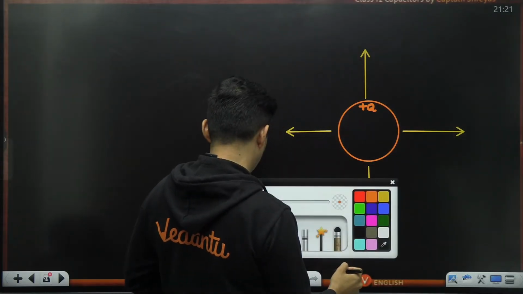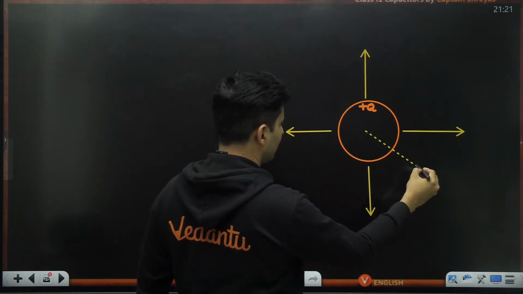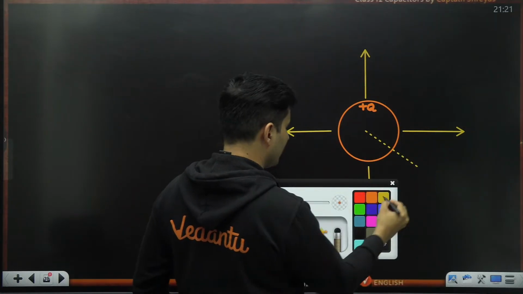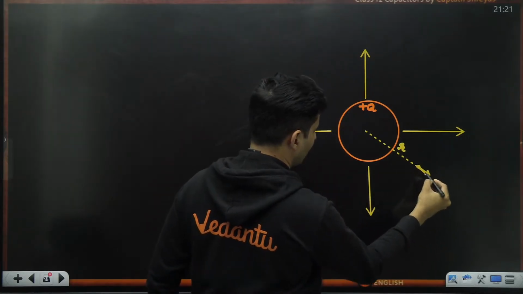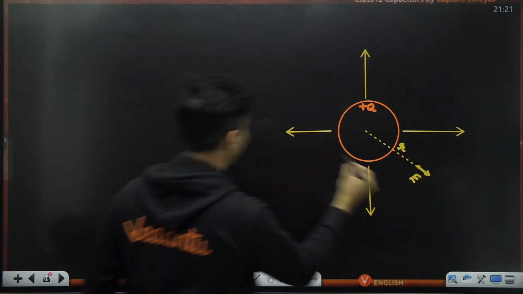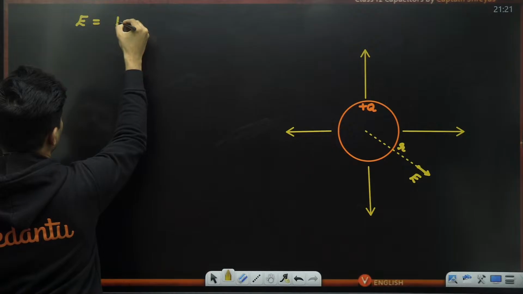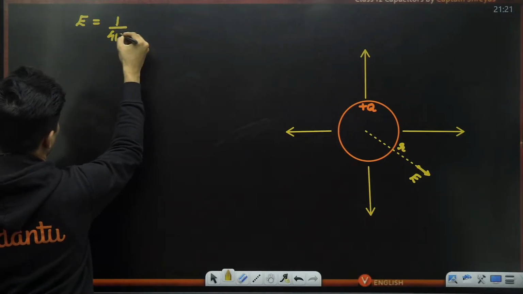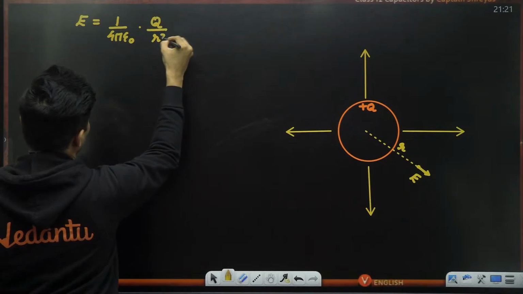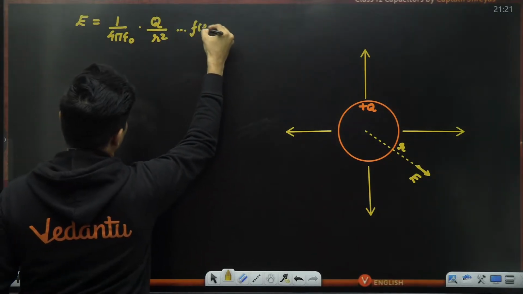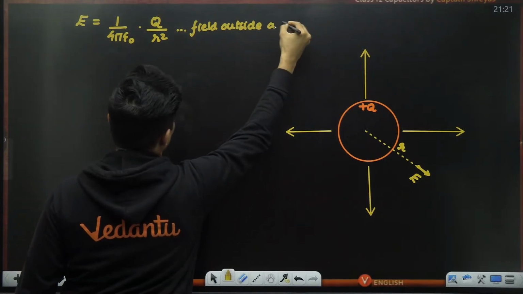If you are at any distance, let's say R, at this point, that particular electric field will be the Coulomb constant, which is 1 by 4 pi epsilon naught, the whole charge Q divided by R squared. This is the field outside a shell.